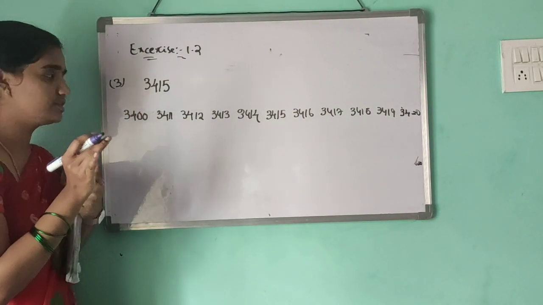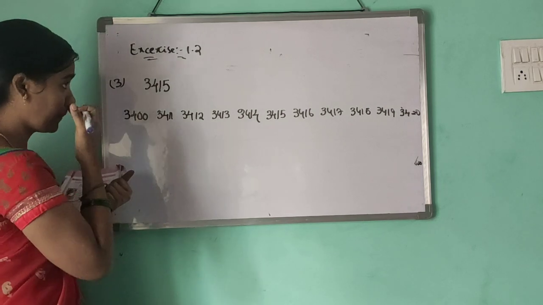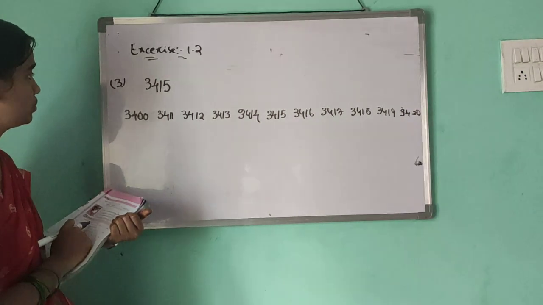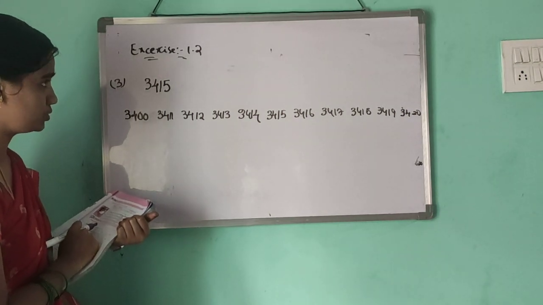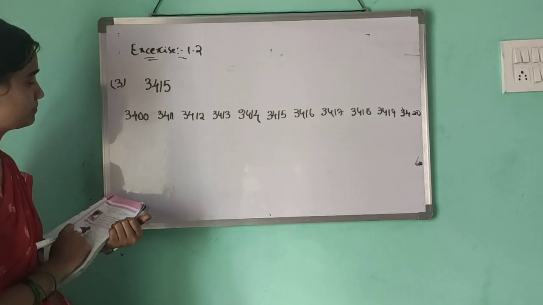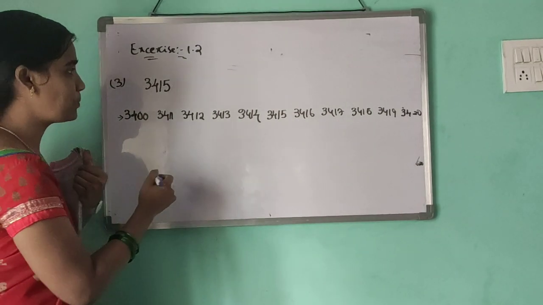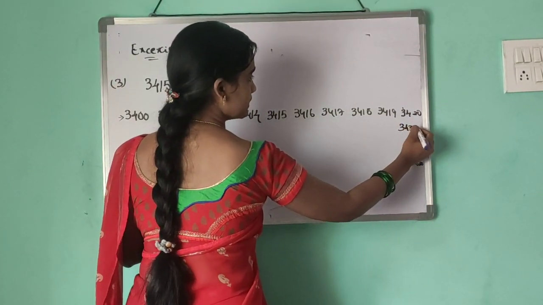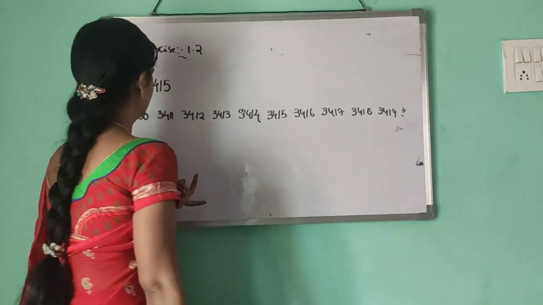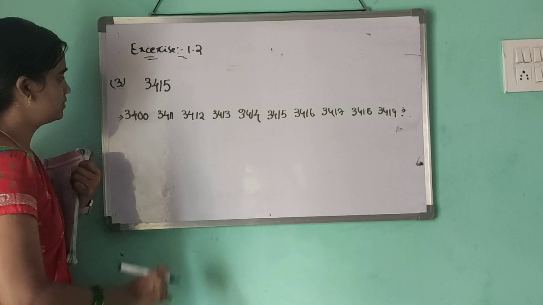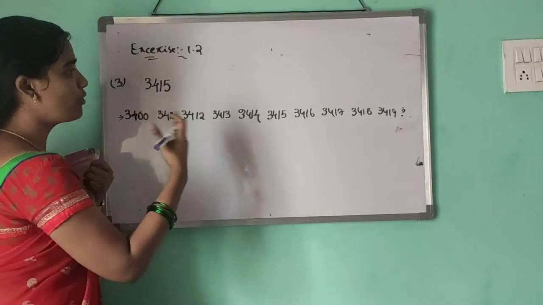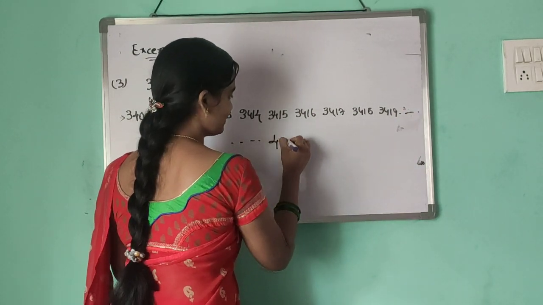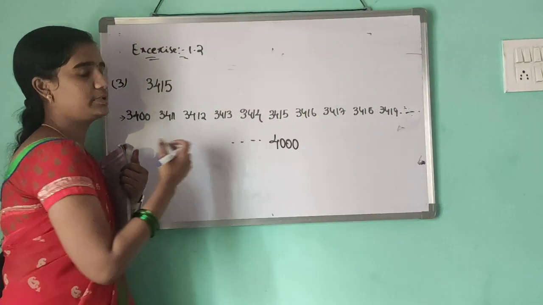We have to find the nearest thousand for 3415. We go up from 3400 to 4000, so we will get 4000. This is the nearest thousands place.